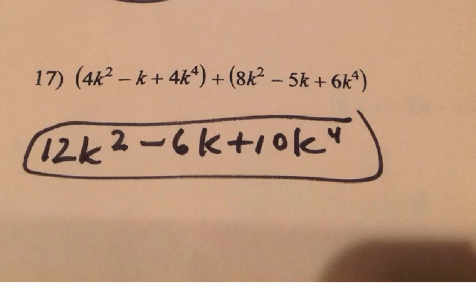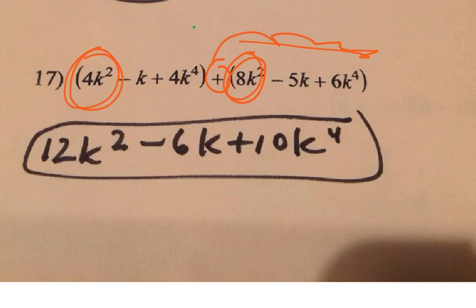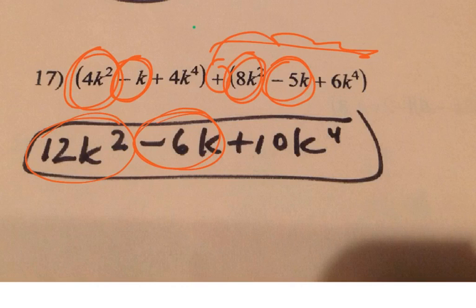Okay, on number 17, this one was a plus, right? Notice a plus there. So basically, guys, ignore the parentheses. So I have 4k squared plus 8k squared. That plus means nothing changes over here, okay? 4 plus 8 is 12k squared. Notice I have a minus k there, minus 5k there. That's minus 6k.